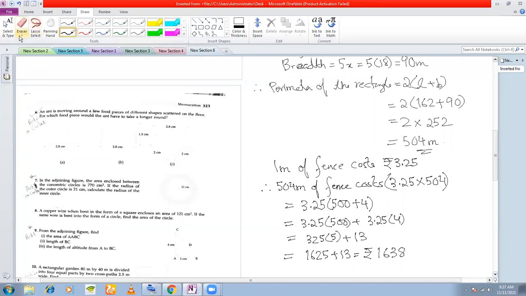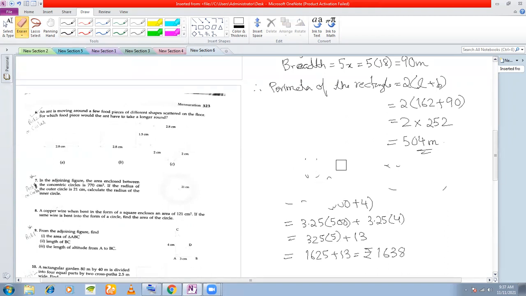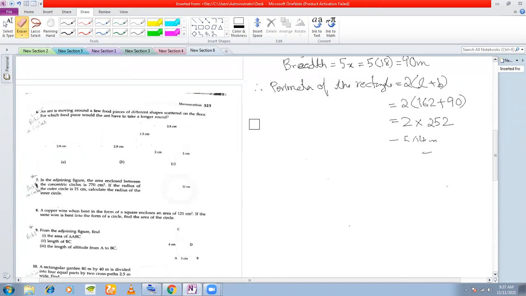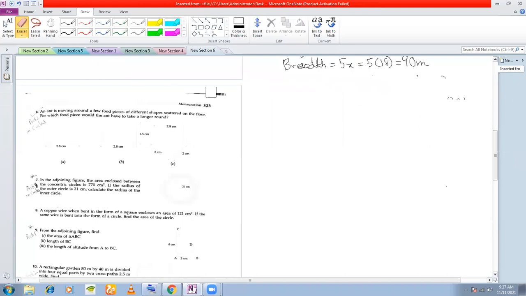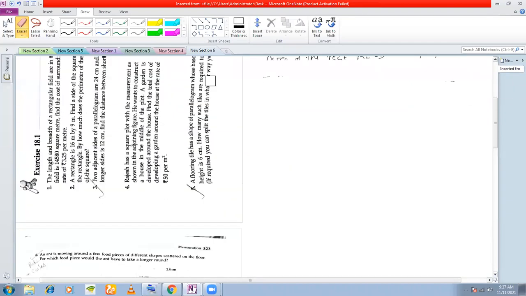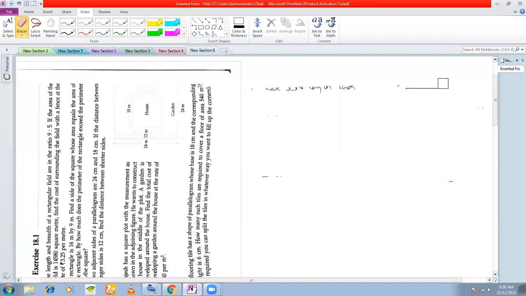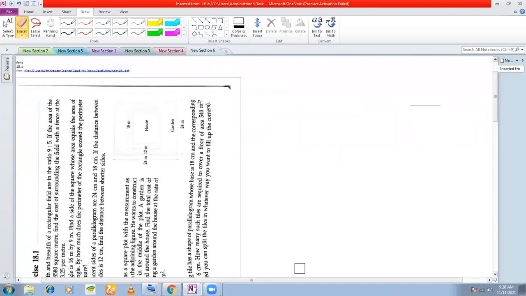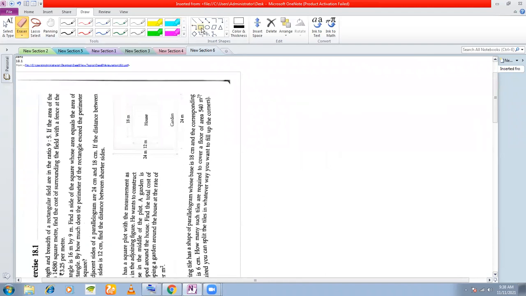Let us now move to the next figure, which is a square. When I was doing quadrilaterals, I told you what is a square. You know that in a square, all the sides are equal, and each interior angle is 90 degrees.